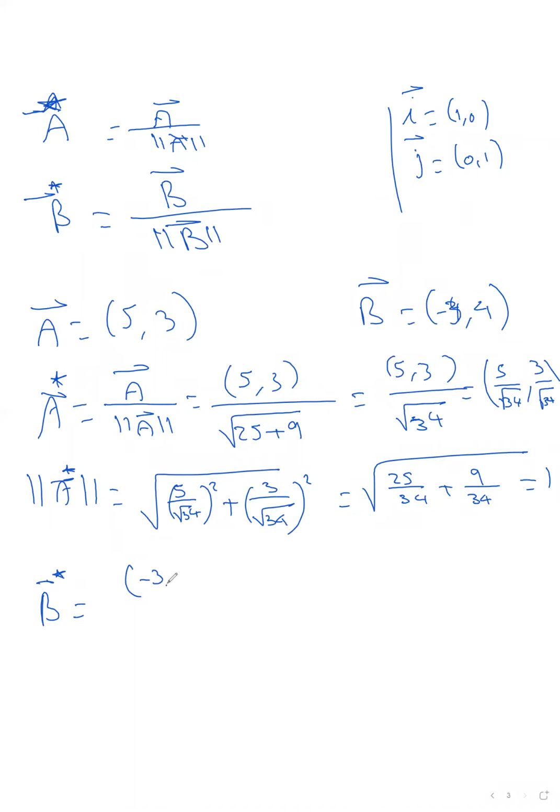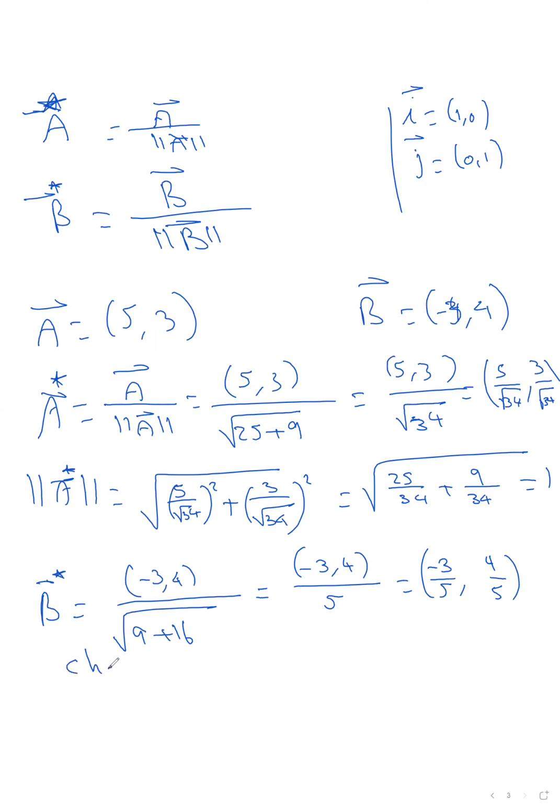Same thing for vector B star. Vector B is negative 3 and 4 over its norm, root of 9 plus 16, equals negative 3 and 4 divided by 5, which equals negative 3 over 5 and 4 over 5.